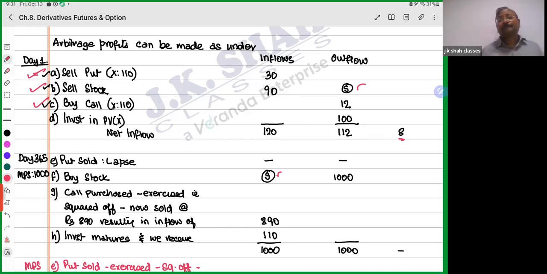Acha, in the exam, if the question tells you to prove the arbitrage for market price on expiry of say 600 and 700, तो आपको ये दिखाना पड़ेगा. Okay. If they don't tell you anything, they just say arbitrage, then it's a judgment call. कितने marks का question है?